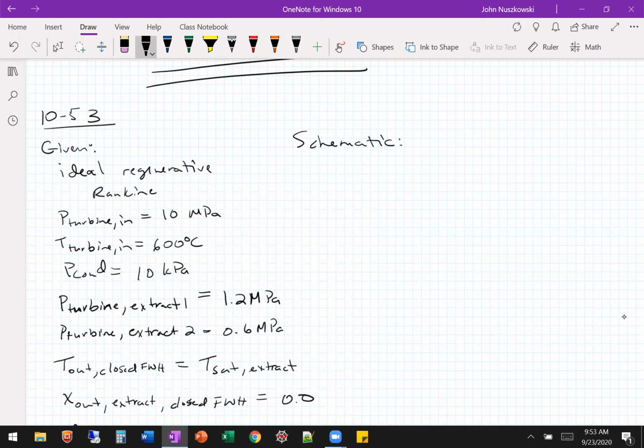Number of states, yeah, this one has 11. I mean, I think I've done the combined cycle, which maybe doesn't have 11.